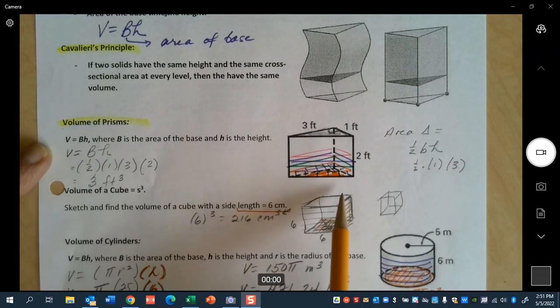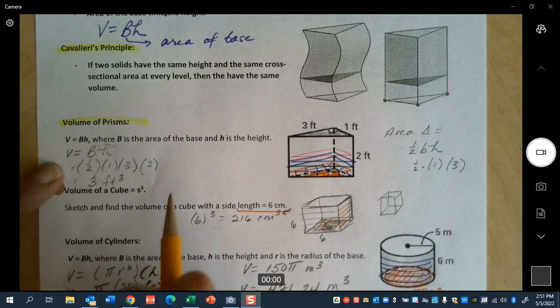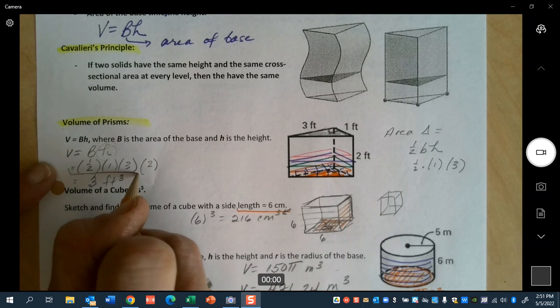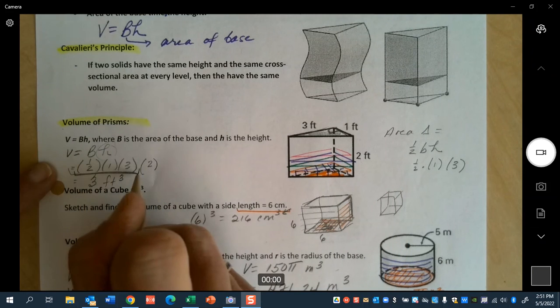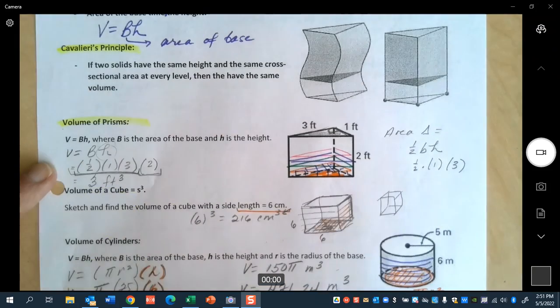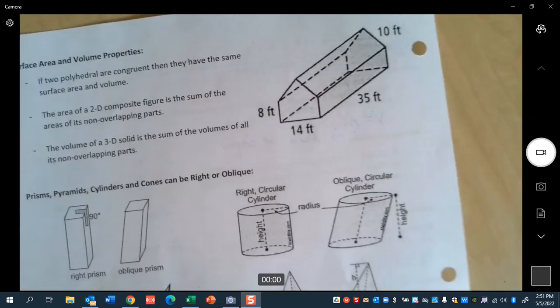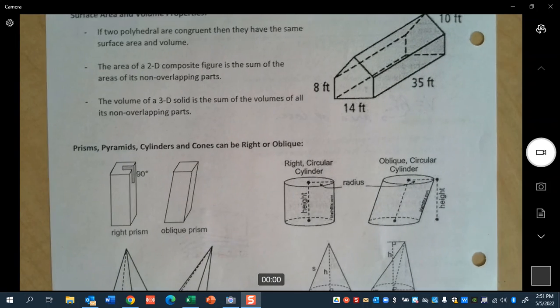And then when I'm talking about my volume, I'm going to multiply that by this height here. So here's my area of my base, and then here is my height, how many times I'm going to be able to stack that going up. Sound okay? All right, so let's talk about the back for a little bit.